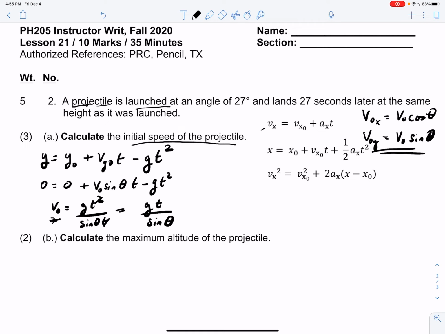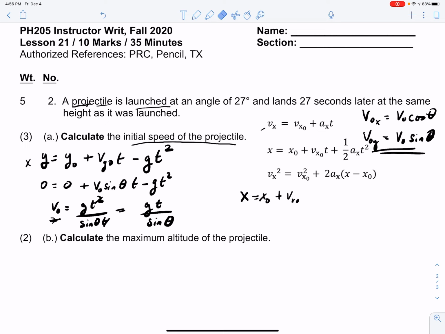Okay? If we wanted to find out how much was the distance that it traveled, so this is height, we identify the height is 0 here and height is 0 here, but if you wanted to solve for the distance traveled, all we had to do was go back to the equation that we use here, and instead of using it in the y direction, we use it in the x direction. X equals x naught plus vx naught t, and then there is no acceleration in the x direction.